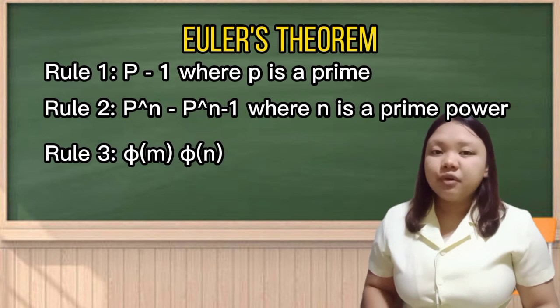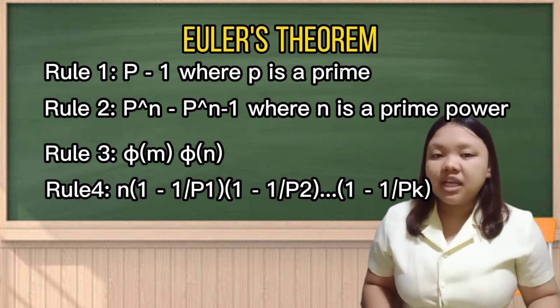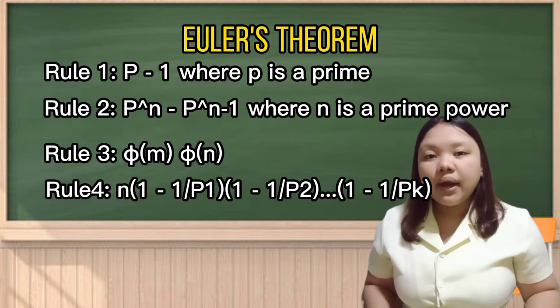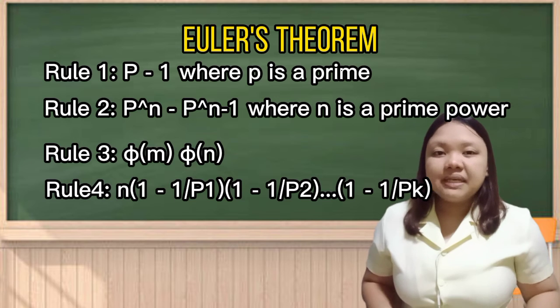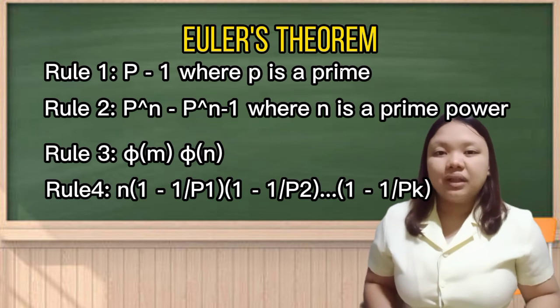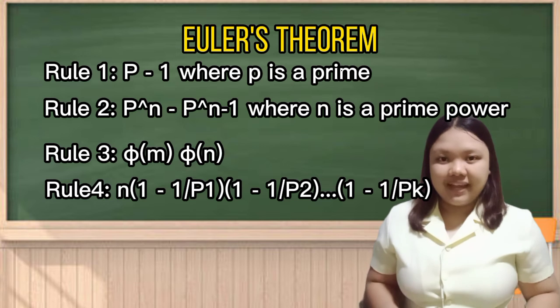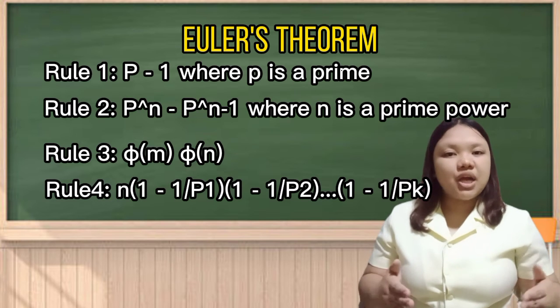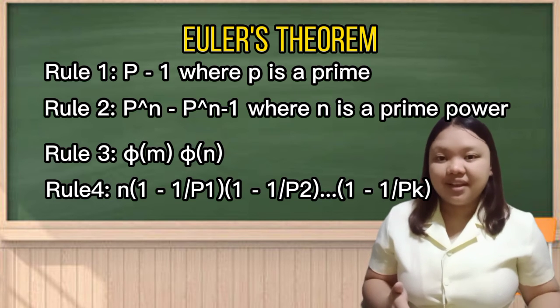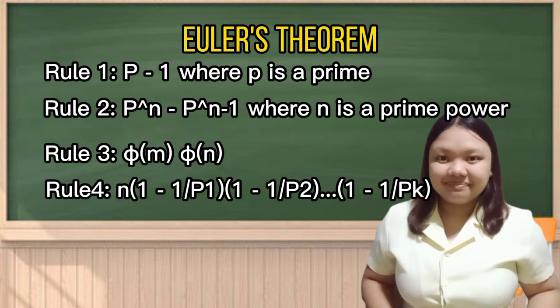And rule number 4: n times the quantity of 1 minus 1 over p sub 1, times the quantity of 1 minus 1 over p sub 2, until the quantity of 1 minus 1 over p sub k. To understand better, let's give some examples.